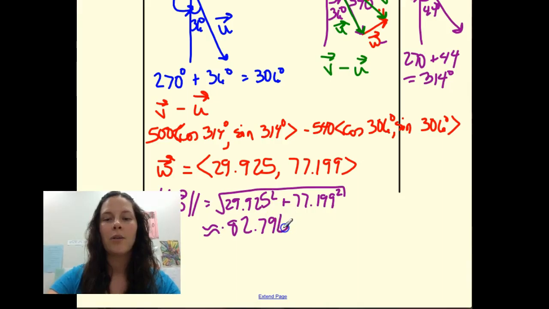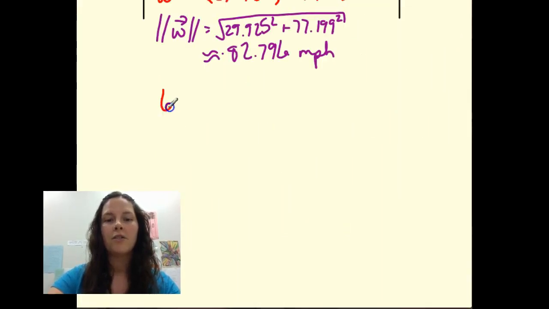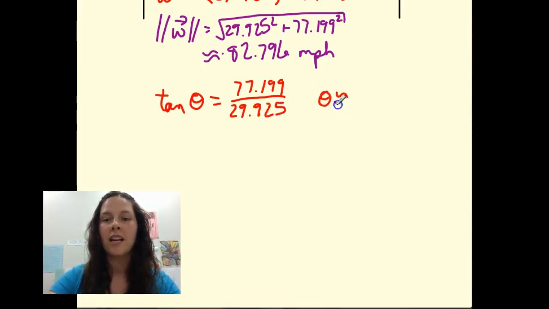Labeling it the same way it was labeled in our word problem, our magnitude was in terms of miles per hour. Finding that direction angle, we'll have tangent of theta equals that y component over the x component. Taking the tangent inverse of both sides, we get an angle of about 68.8 degrees.